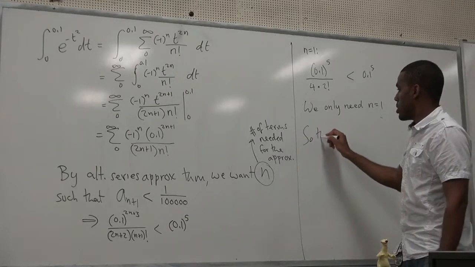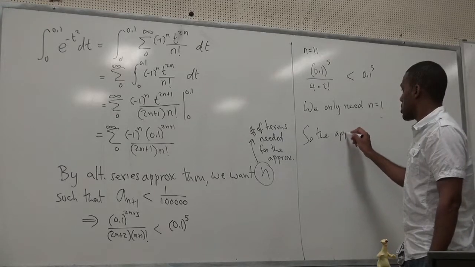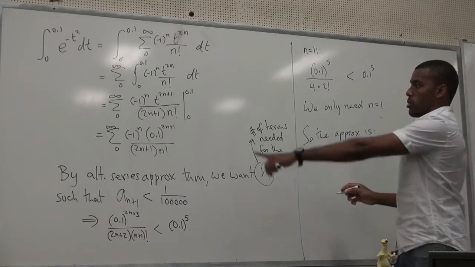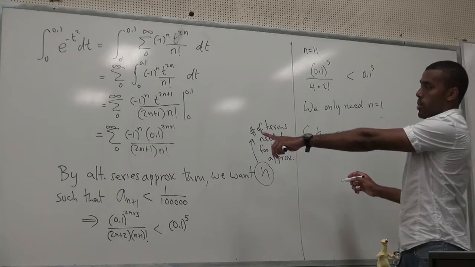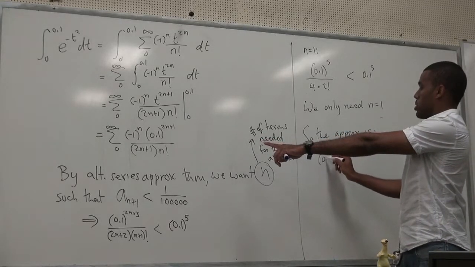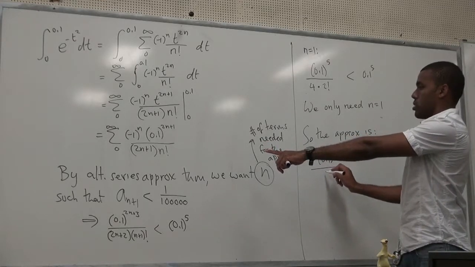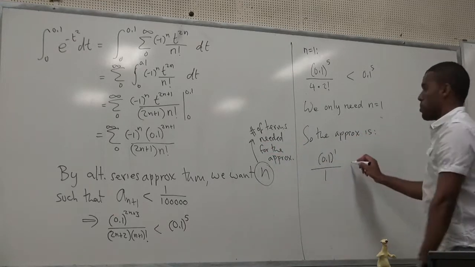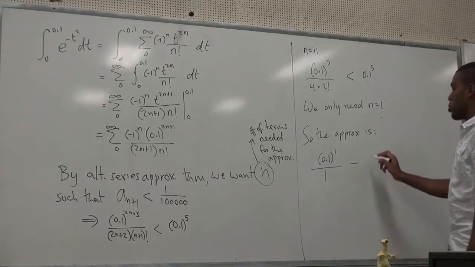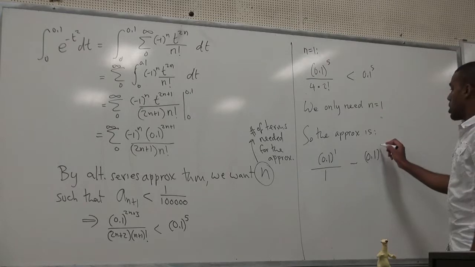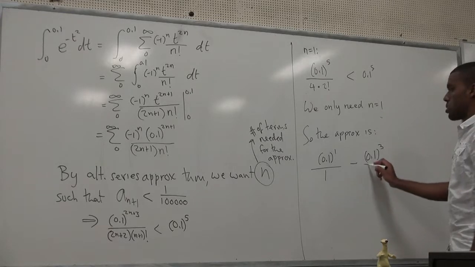So the approximation is, plugging n equals 0 here, I would get 0.1 over 1, minus, plugging n equals 1, I would get 0.1 cubed over 3.